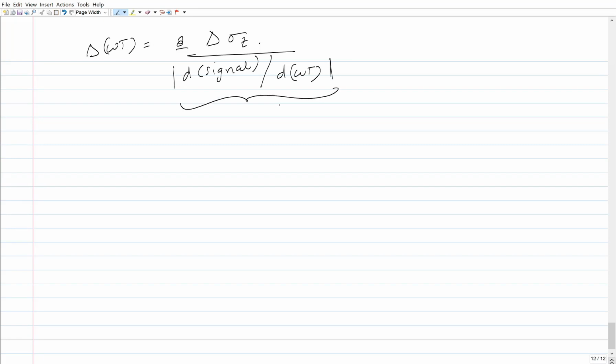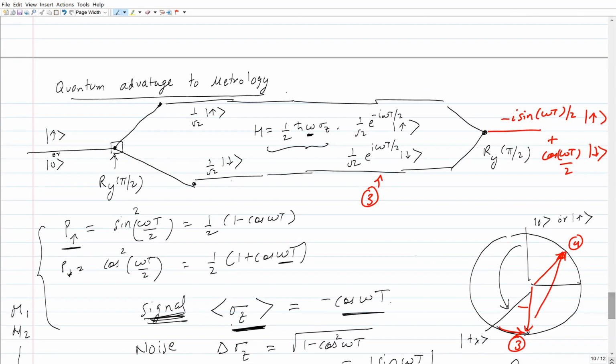Remember, this guy was taking care of the units into account. So what do I get over here? Let's say I do this experiment, this particular experiment. I'll just name it over here again.